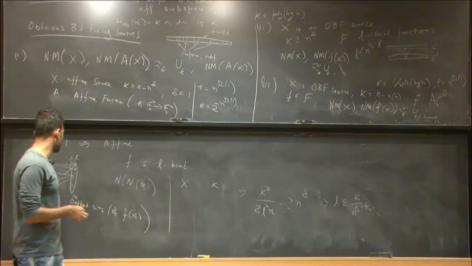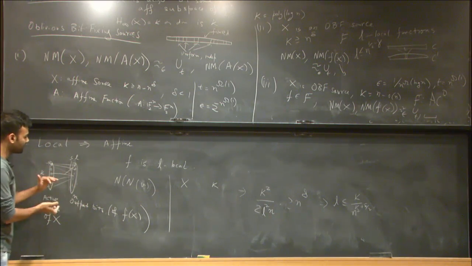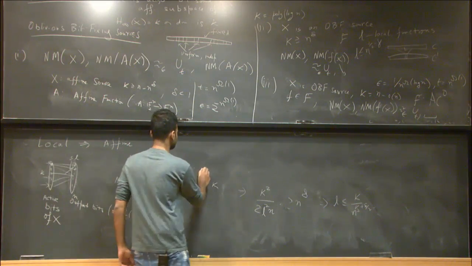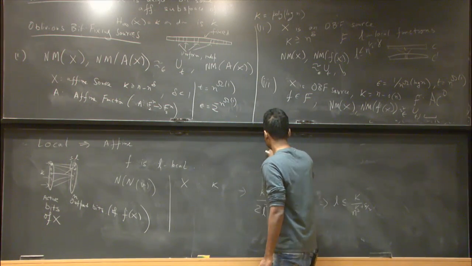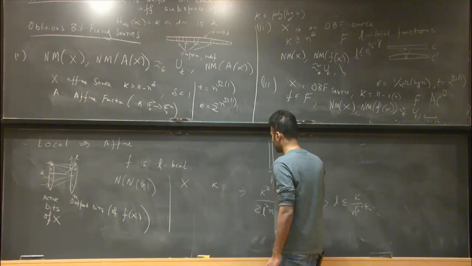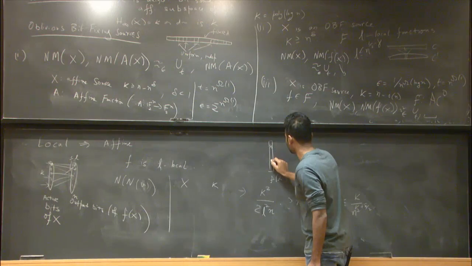And it's easy to see that one local sources can be expressed as affine functions, because each bit is either x1, 1 minus x1, and so on.